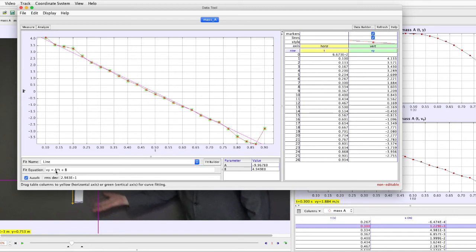So V is equal to A constant times T time plus B constant. So that's great, guys. We could manage to figure out the gravitational acceleration using this simple way.